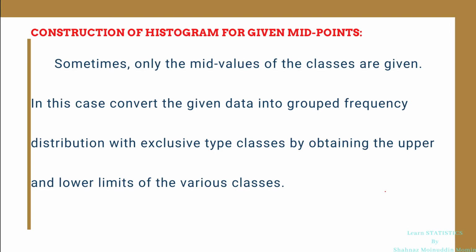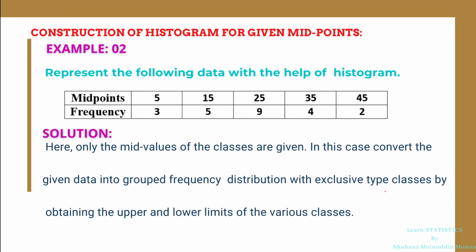Sometimes only mid values of the classes are given. In this case, our job is to convert the given data into grouped frequency distribution with exclusive type of classification by obtaining the upper limit and lower limit of the various classes. So, how one can do it?